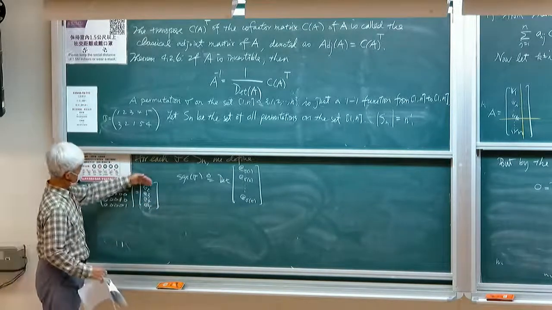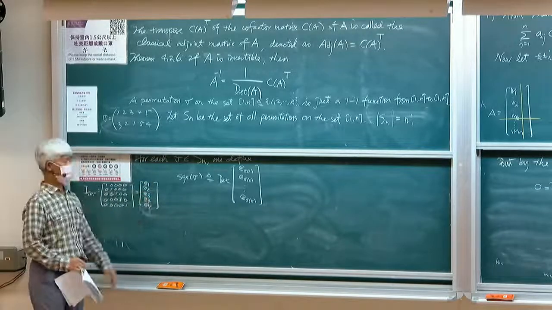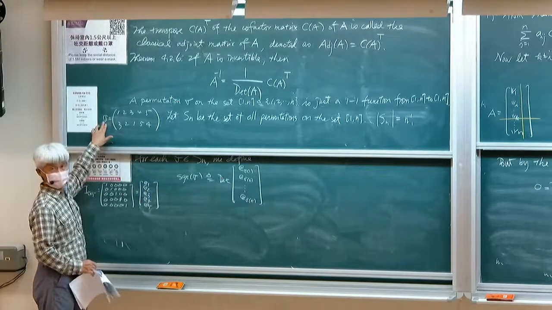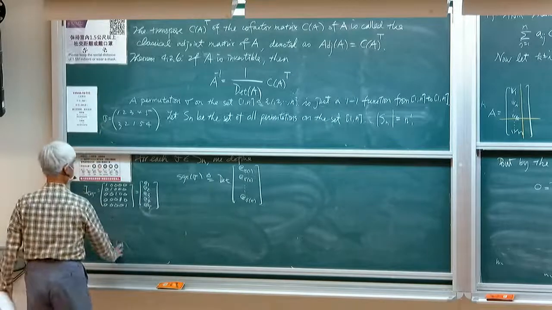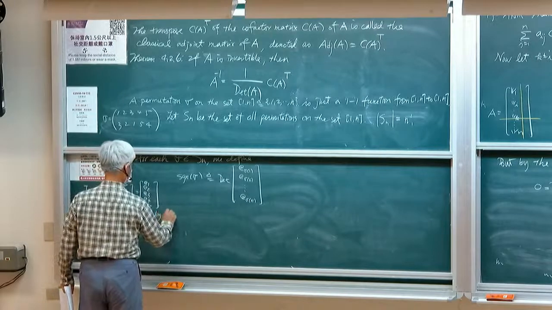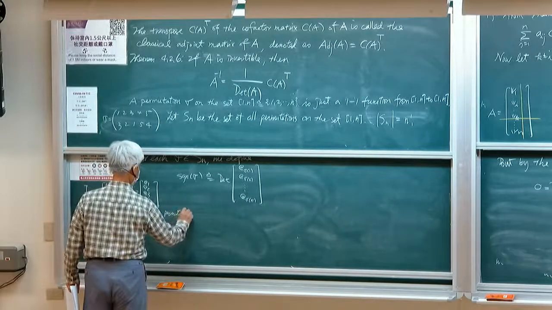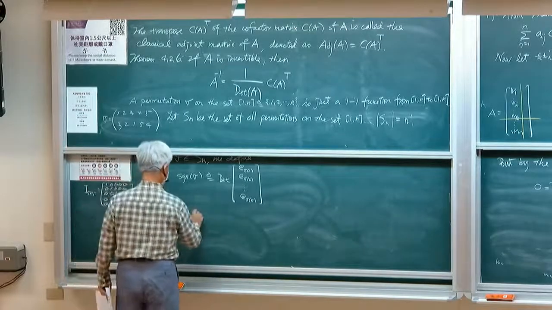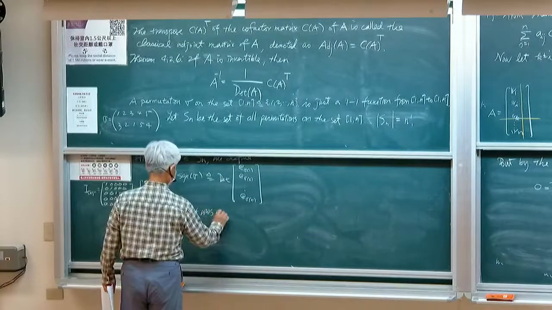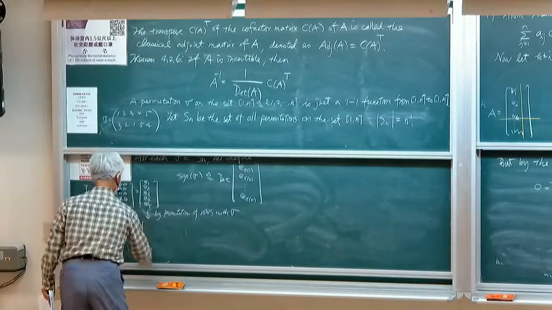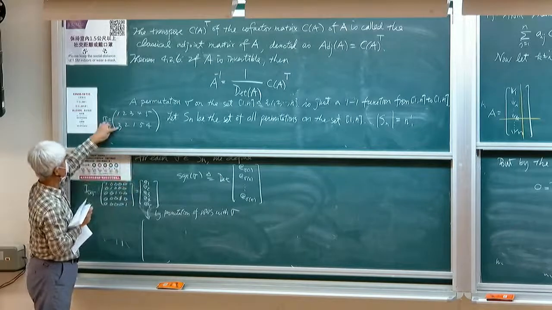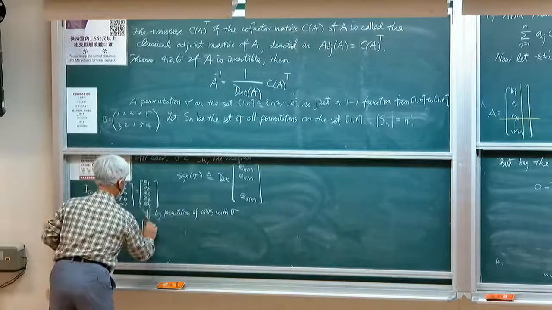If we permute these 5 rows according to the permutation sigma, we end up with the first row going to the third row, so this is E3.